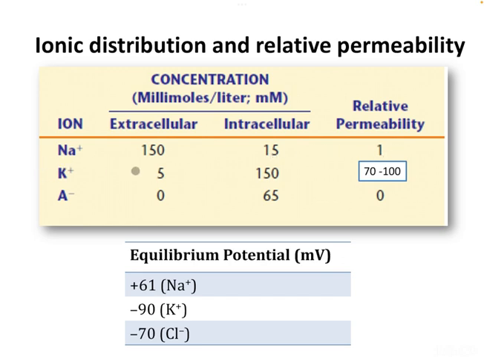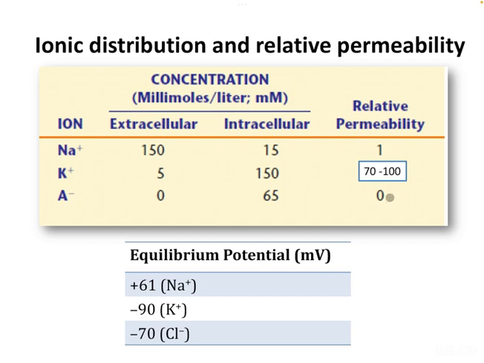Potassium extracellularly is 5 millimoles per liter, and intracellularly it is very high, 150 millimoles per liter, while the relative permeability for potassium is 70 to 100 times. Anionic molecules like phosphate and proteins are extracellularly 0 and intracellularly 65, and they are impermeable because the relative permeability for anionic molecules is 0.